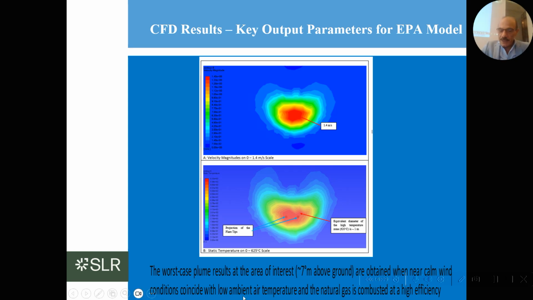The worst case plume results are obtained when near calm wind conditions coincide with low ambient air temperature and the natural gas is combusted at a high efficiency. I got a temperature of 620 degrees and an equivalent plume diameter of 1 meter.